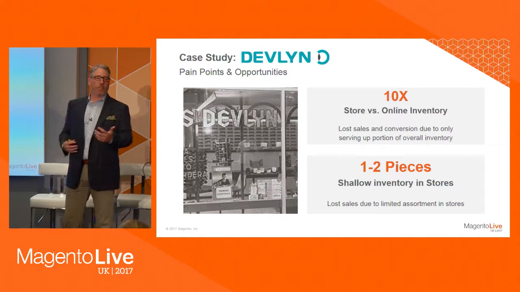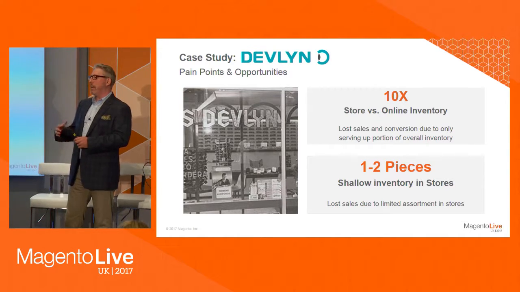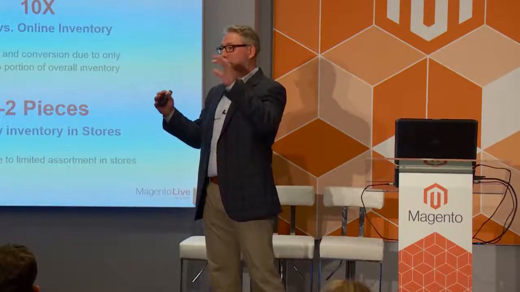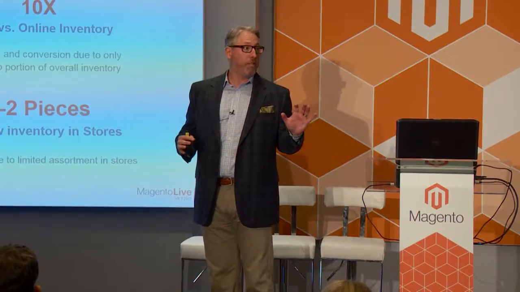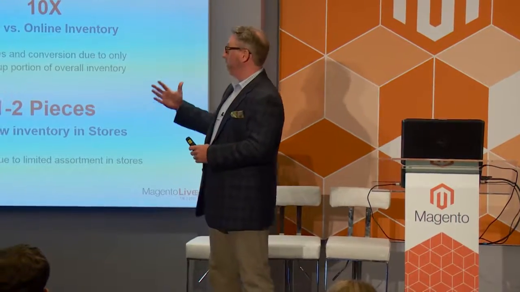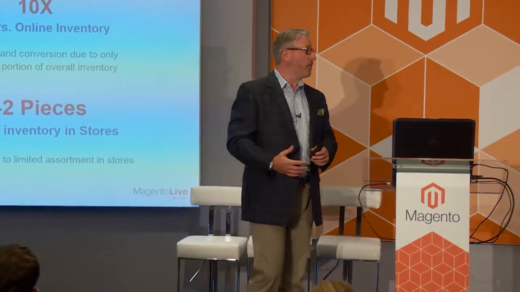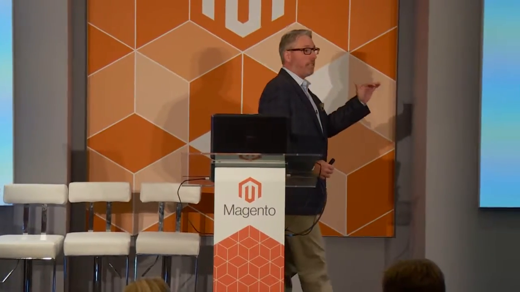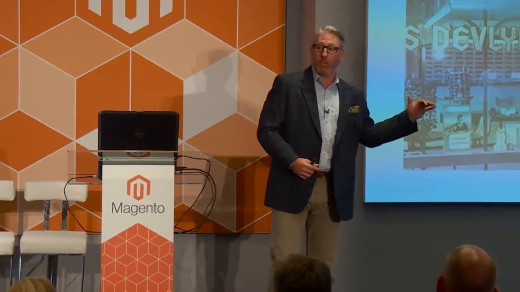So somebody came in and loved the frames, you only had it in red, but they wanted it in blue. So that 70,000 inventory was dispersed and very thin across 1,200 stores. That's hindering their ability to sell online, and it's hindering their ability to capture sales in the physical world as well, right?